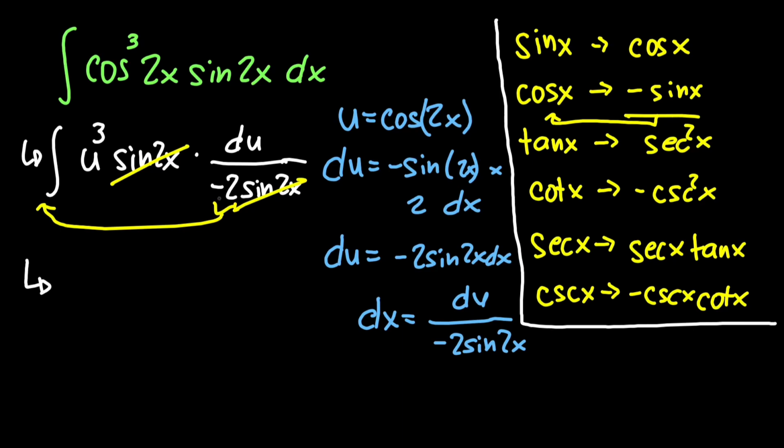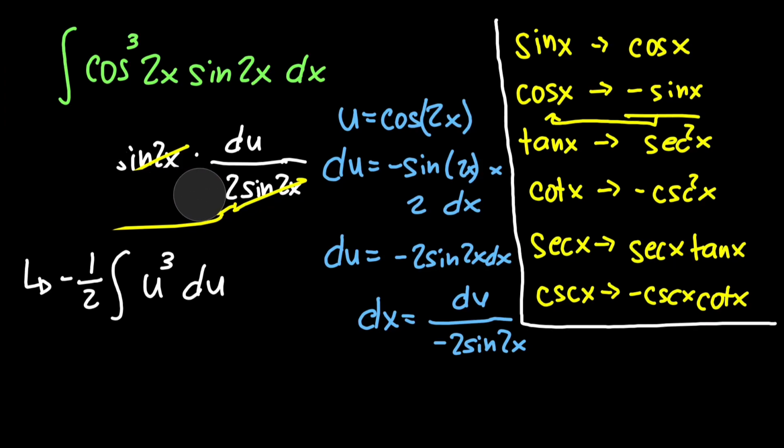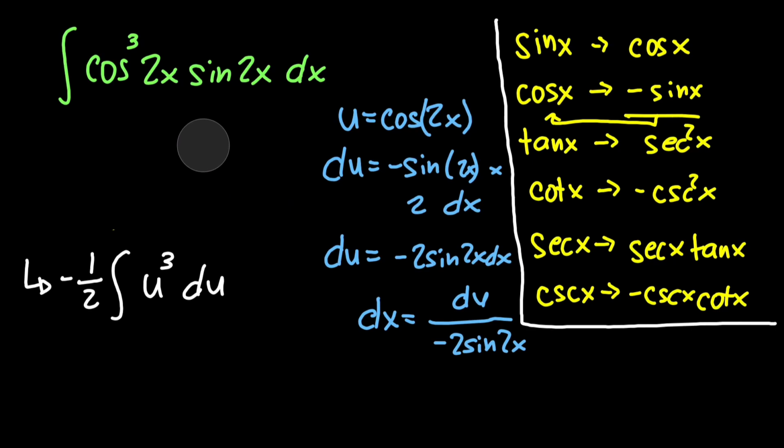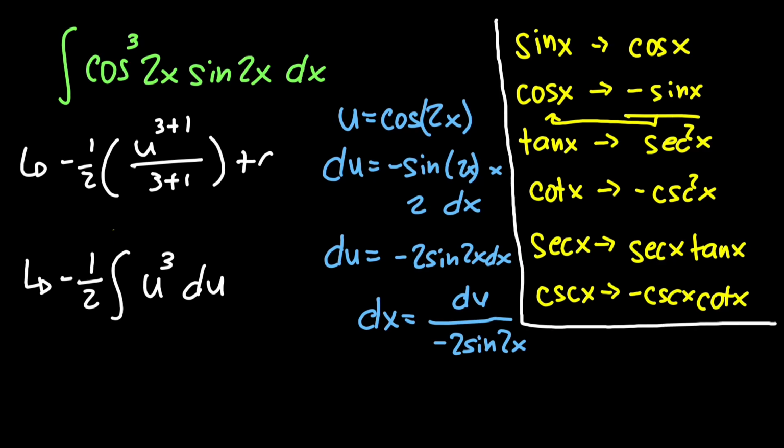So putting negative 2 outside the integral, this would be negative 1 over 2 integral of u to the power of 3 du. So by the power rule for integrals, this would be negative 1/2 multiplied by u to the power of 3 plus 1 over 3 plus 1 plus c.